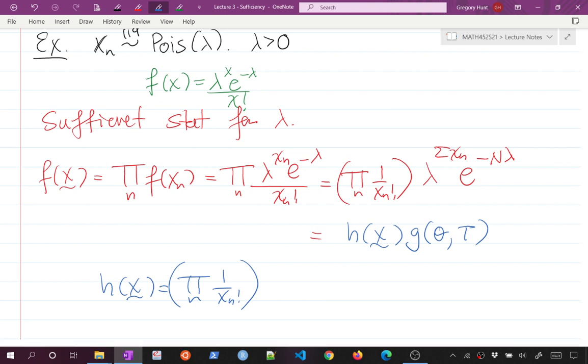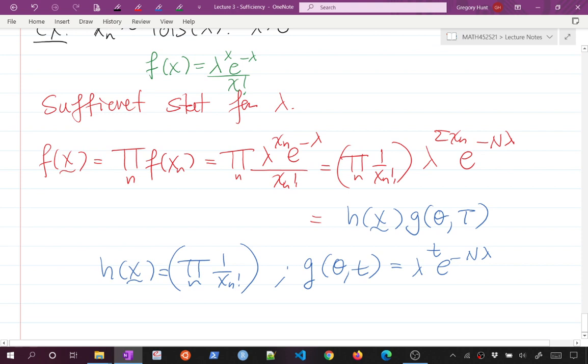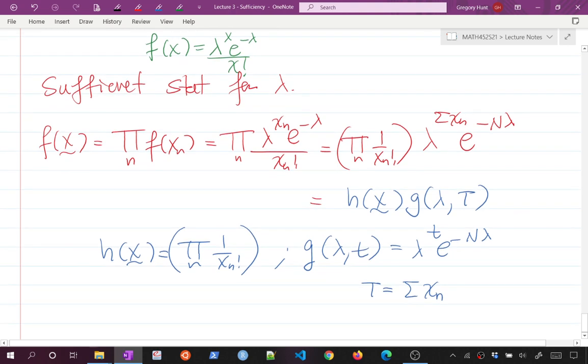And it looks like if I did my g function as lambda to the t e to the negative n lambda, so that certainly involves lambda. I guess, why do I have theta in there? It should be lambda, right? Certainly involves lambda, and if I make t, in this case, the sum of my xn's, then that would be sufficient. So I could certainly choose the sum of the xn's.